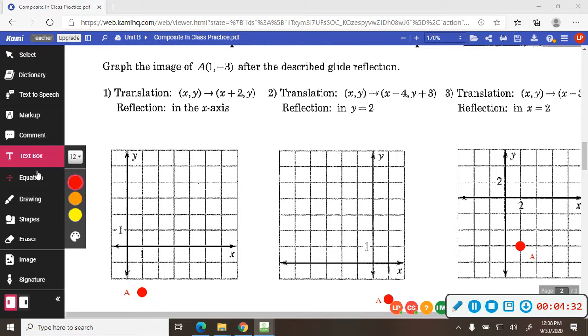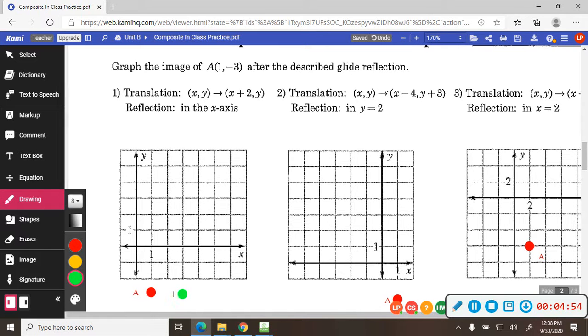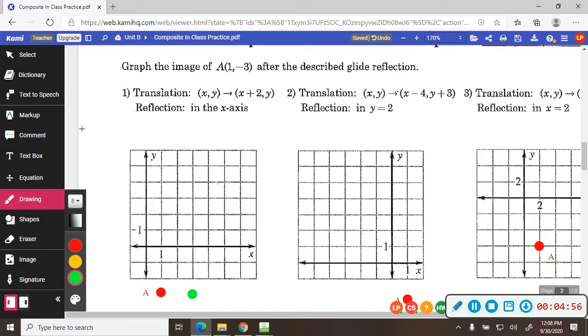And the first thing they ask us to do is start at 1, -3, which I did. And then they say, move it 2 to the right, but don't go up. So that's what I'm going to do. And then they say reflect over the x-axis.